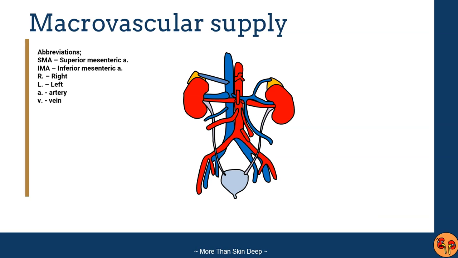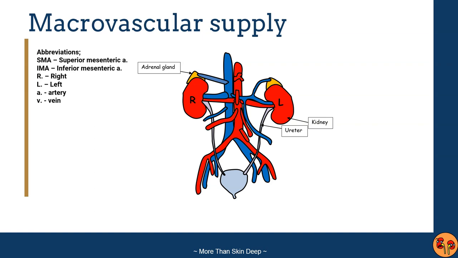Moving on, here is the macrovascular supply. Firstly, let's orientate ourselves. Here are the kidneys. There are always two, bilaterally, a right and a left kidney. Moving on, you have your ureters, which descend inferiorly from the kidneys, and bilaterally you also have the adrenal glands. The major vessel which provides the arterial blood supply of the abdomen is known as the abdominal aorta.